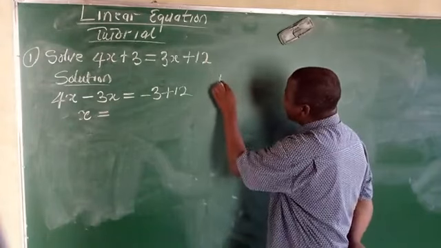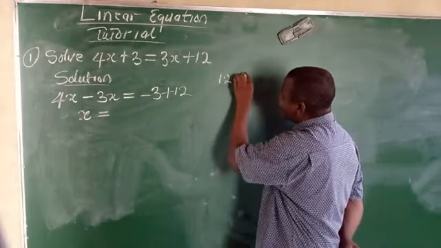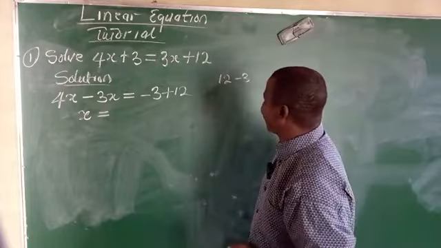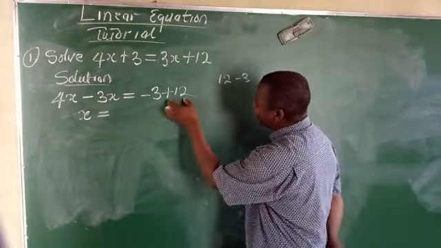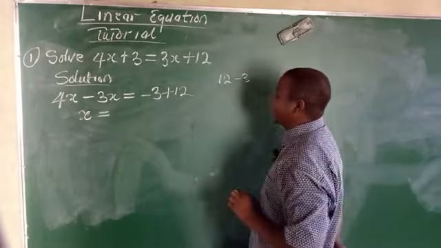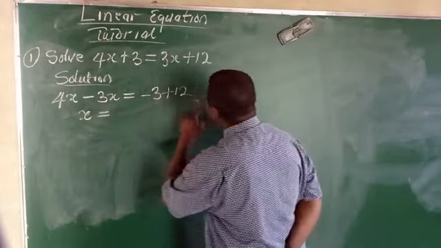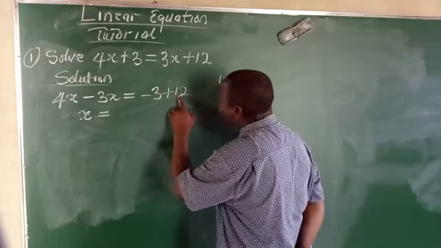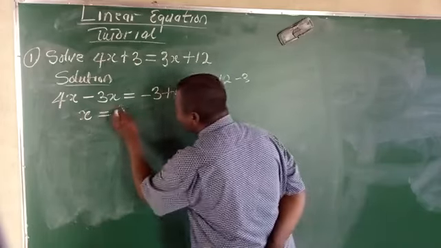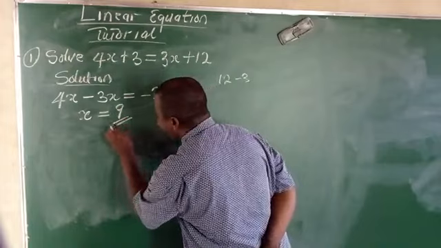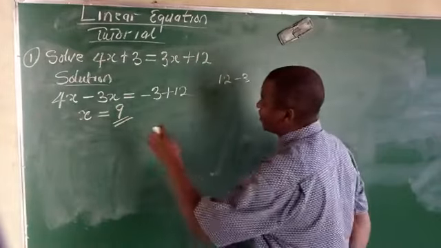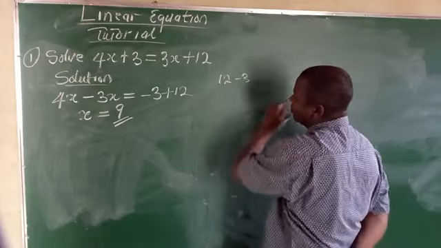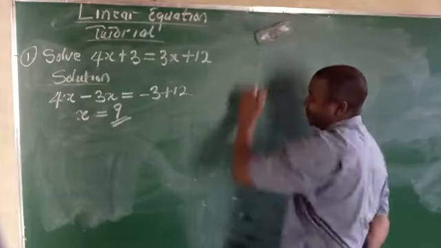It's the same as 12 minus 3, because this is positive 12 and this is minus 3. Therefore, minus 3 plus 12 gives us 9. Therefore, our x in this case is equal to 9.